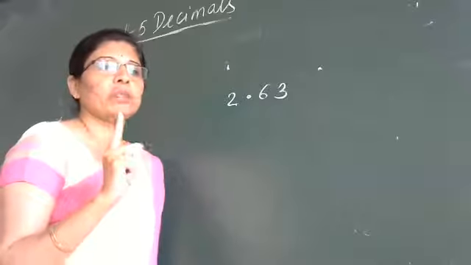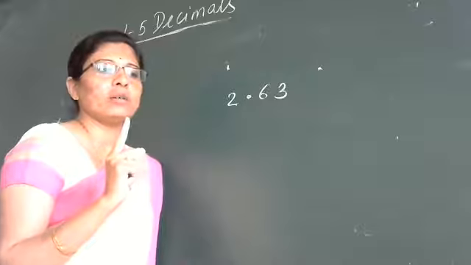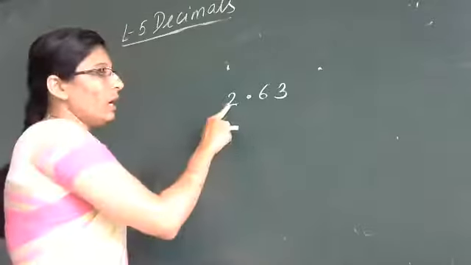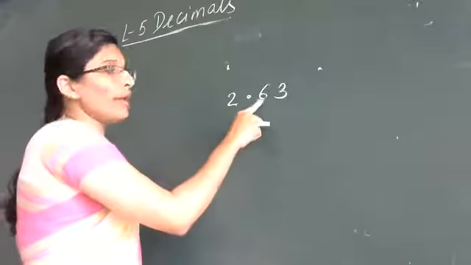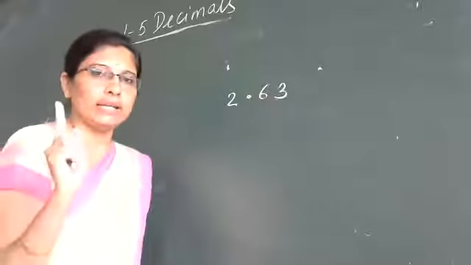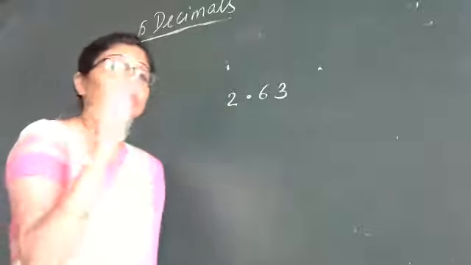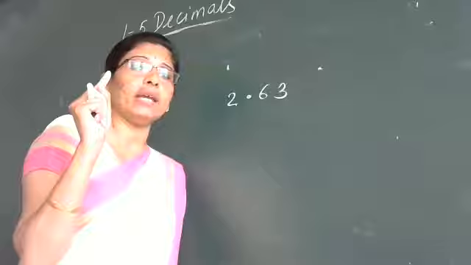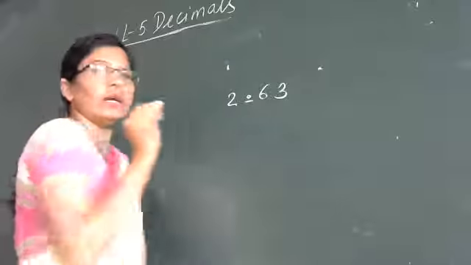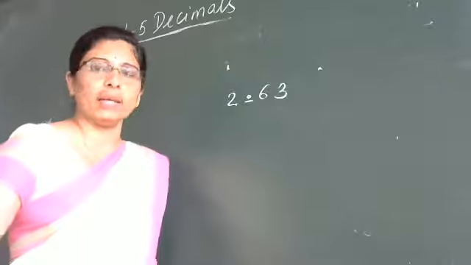Listen first, before answering. 2.63, this is the first method. It is not sixty-three. In the first method, we have to say the digits separately. Whenever you are saying point, we have to say 2.63.